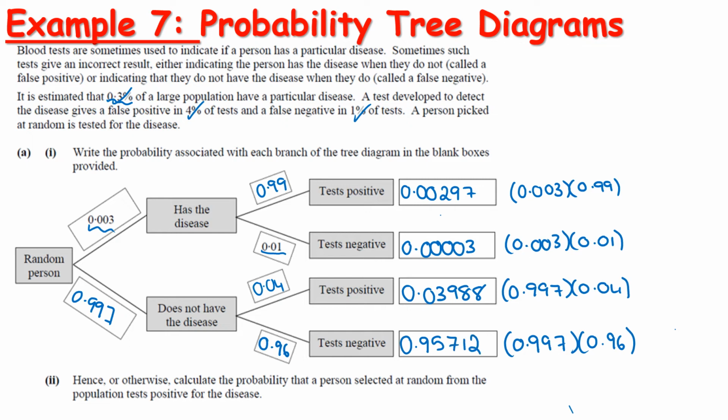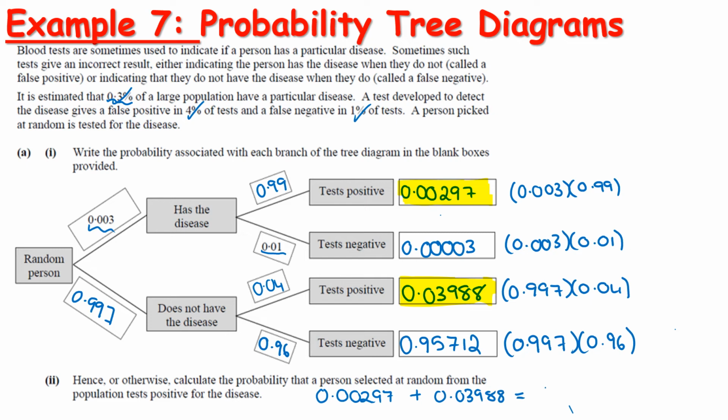Hence, or otherwise, calculate the probability that the person selected at random from the population tests positive. So they might have the disease and test positive, or they might not have the disease and still test positive. So that is scenario 1, they have the disease and test positive, that's 0.00297, or, so or means add, they do not have the disease and test positive, so that's 0.03988.